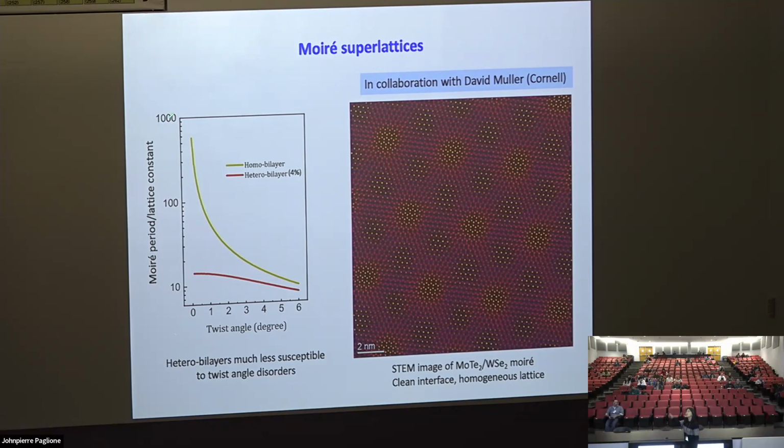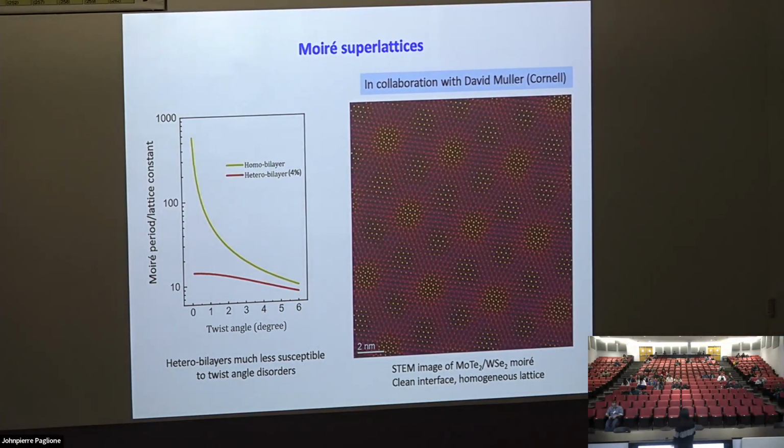And you can see the moire period is very sensitive to the twist angle if you have 2 identical layers with some twist, right? And this also teaches us that if you want something uniform, not very sensitive to twist angle disorder, then maybe the choice of heterobilayer will be a better one. Because the period is not very sensitive to the twist angle when the angle is relatively small.